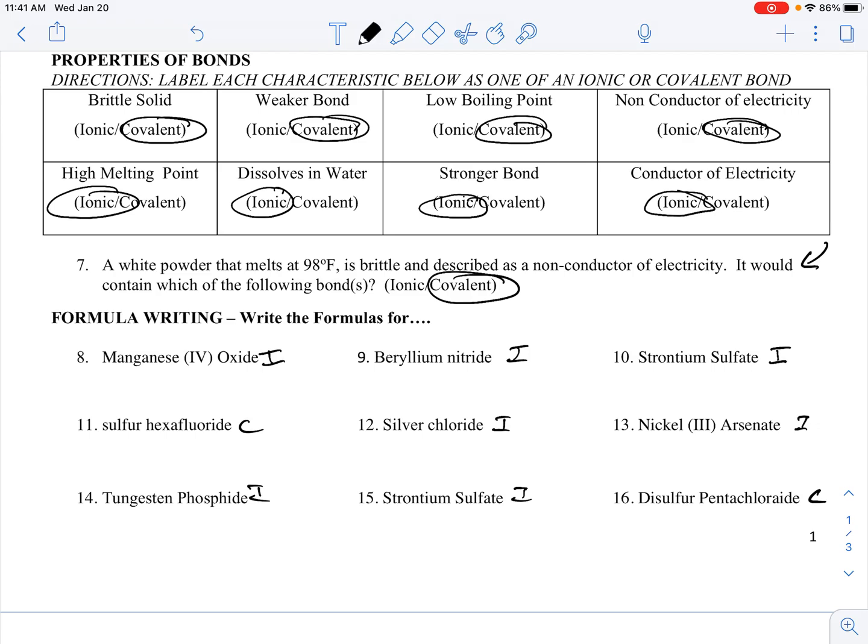Remember, the first element being a metal determines whether or not something is ionic or covalent. So manganese, in this case, Mn, is a +4. Oxygen's a -2. I crisscross and reduce. I get Mn2O4, but when I reduce that, I end up getting MnO2 because the 2 and the 4 reduce.